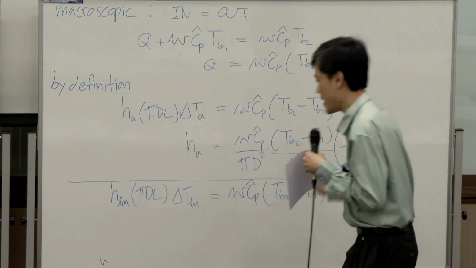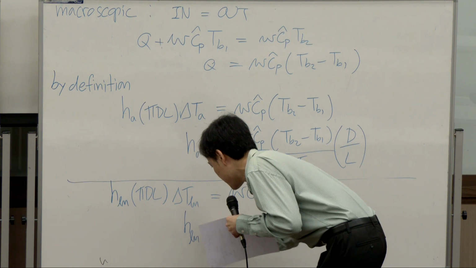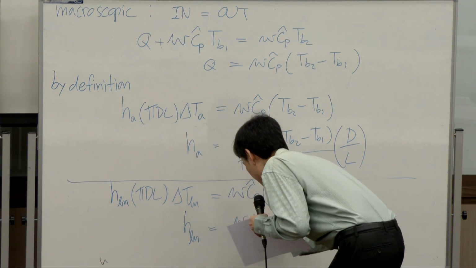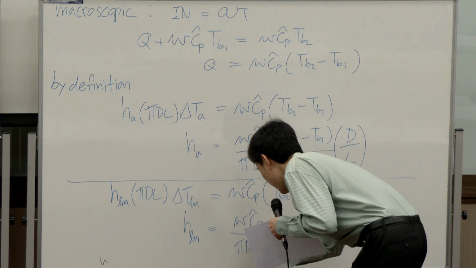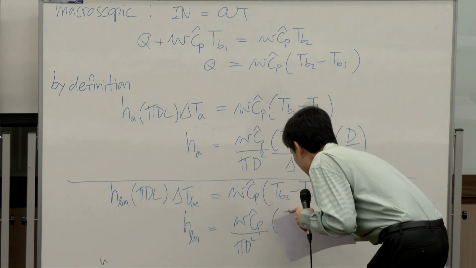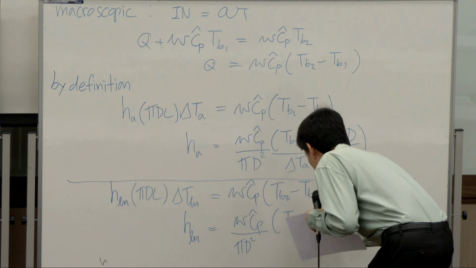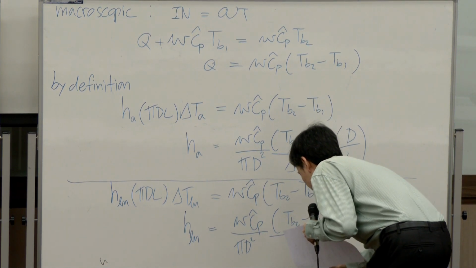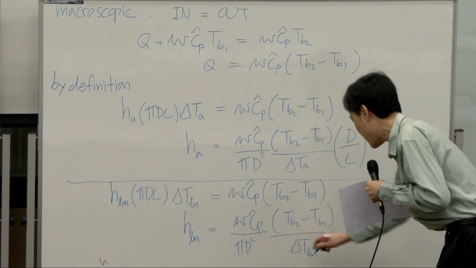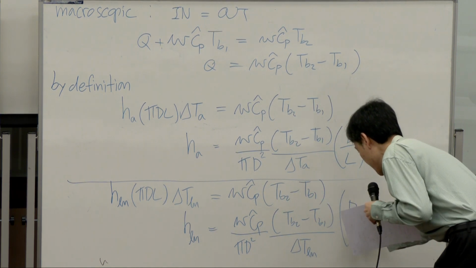Now if I rearrange, I get H log mean in the same manner. The only difference would be that down here would be delta T log mean, and this would be D over L.